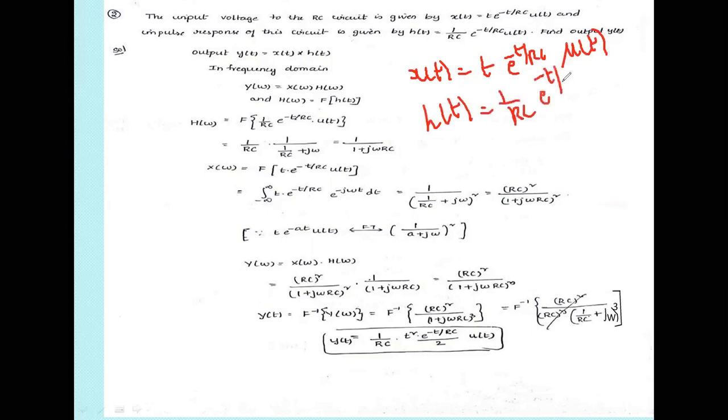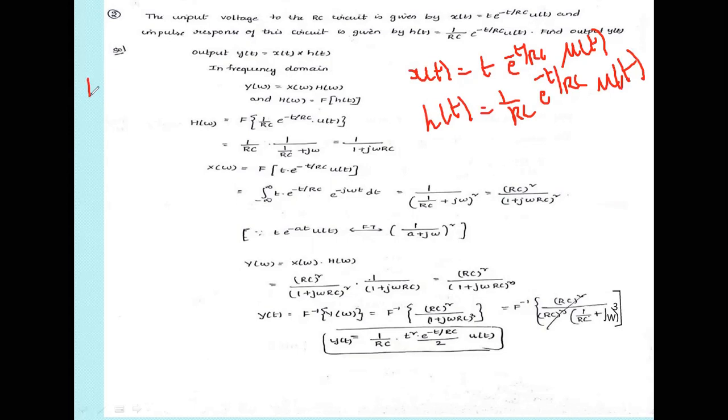The given function is x of t is equal to t into e power minus t by RC into mu of t, and h of t is equal to 1 by RC e power minus t by RC into mu of t. We need to find the output.